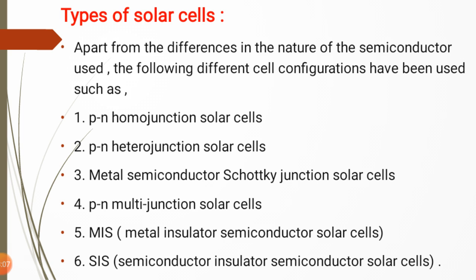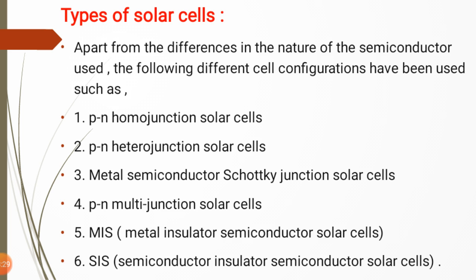That means if we consider two semiconductors and place them near each other, there is a formation of a p-n junction. Similarly, when we place metal and semiconductor in contact, there is a formation of a Schottky junction, also known as a rectifying junction.